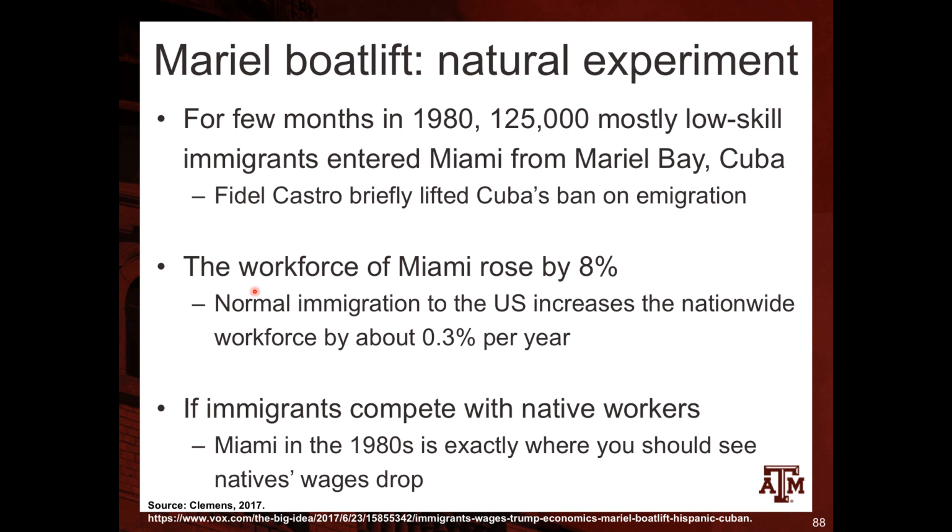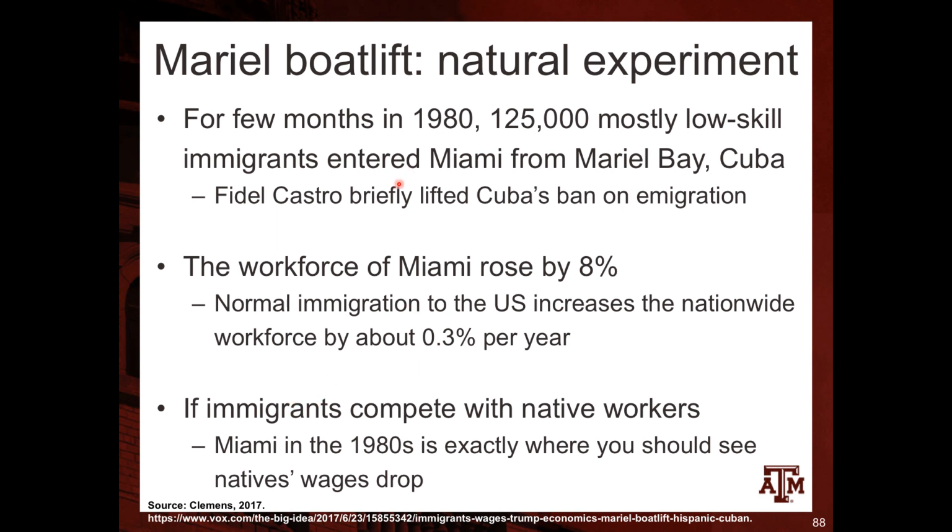So just to give you an idea, the workforce of Miami rose by 8% within these few months in 1980. And to give you an idea of how big this is, normal immigration to the US increases the nationwide workforce by only about 0.3% per year. So here, in only a few months, it increased the workforce of Miami by 8%, while the national average is 0.3% per year.